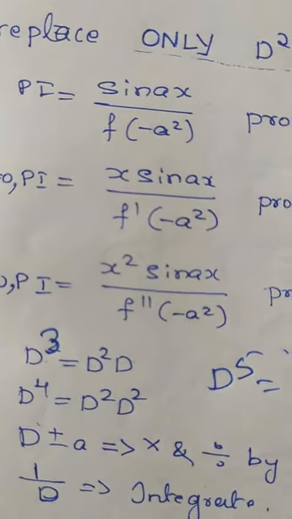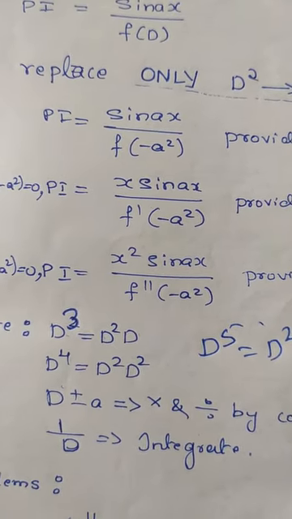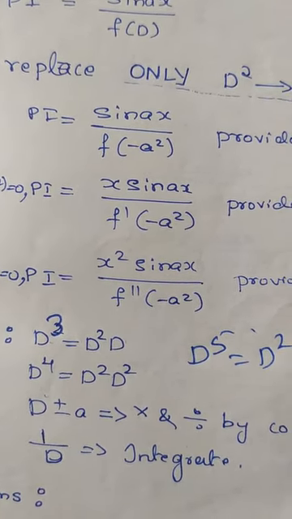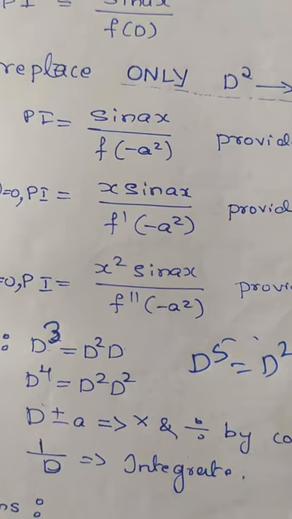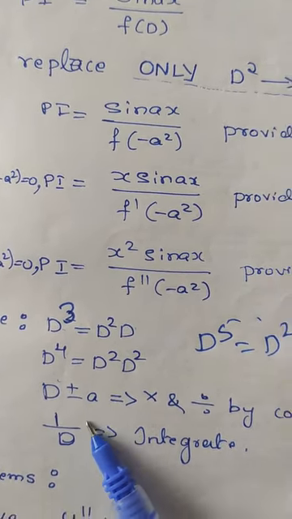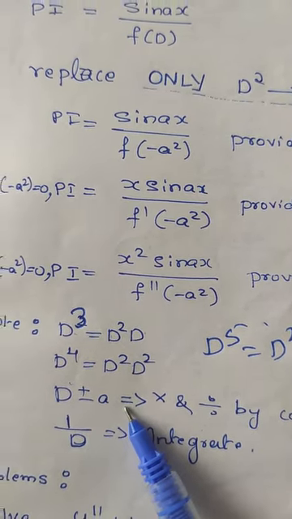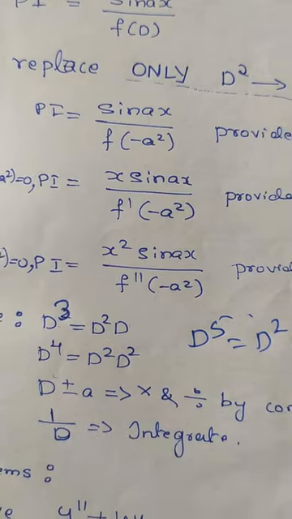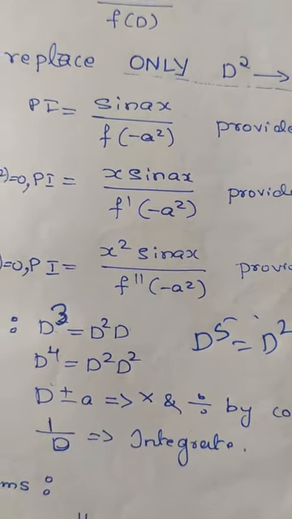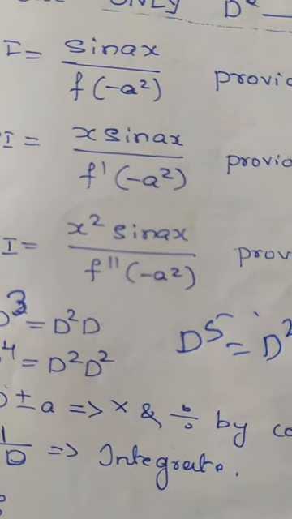After substituting D square by minus a square, finally either we end up with D plus a or D minus a in the denominator. If we have D plus a in the denominator, multiply and divide by its conjugate. D plus a conjugate is D minus a.